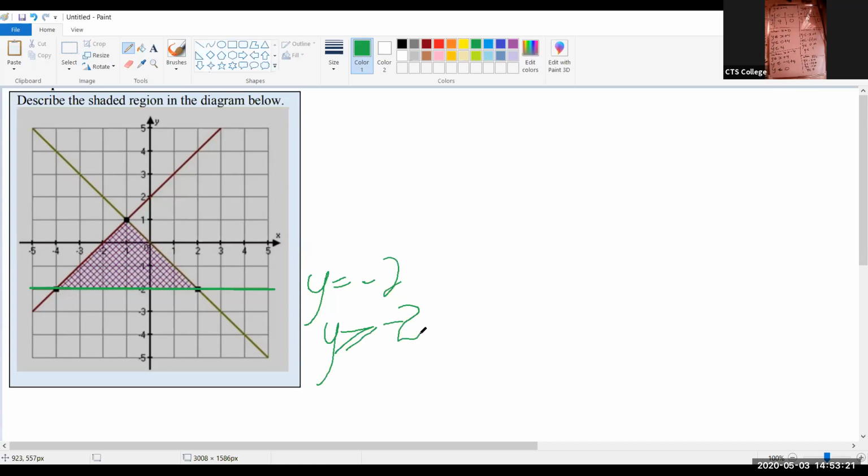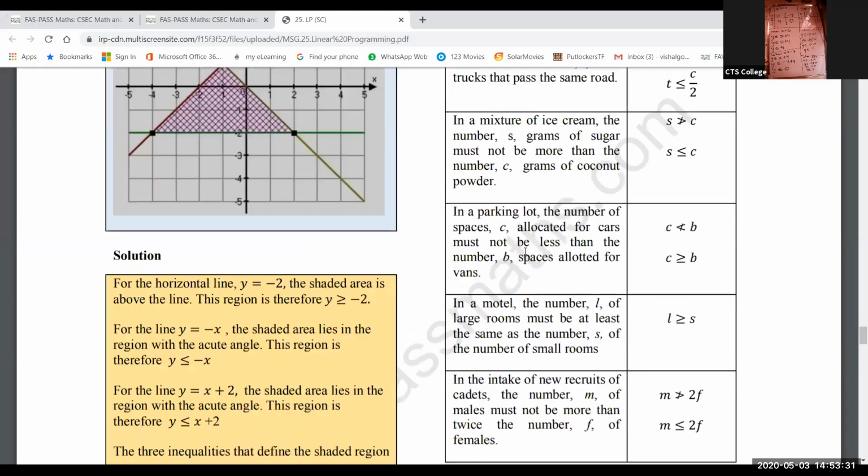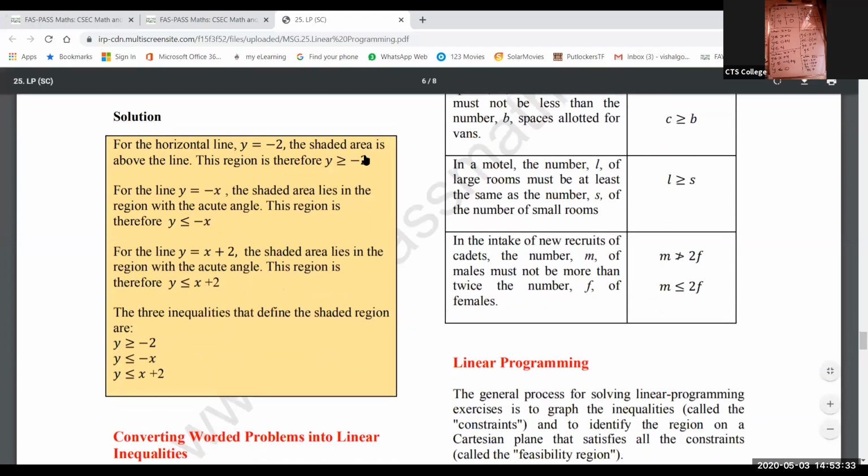Okay. Yes, sir. Right. So now let's go back to the handout and I'll explain further to you all. Let's look at the solution. So we already know how we get that -2 here. For the line y is equal to -x, the shaded area lies in the region with the acute angle. This region is therefore y is less than -x.